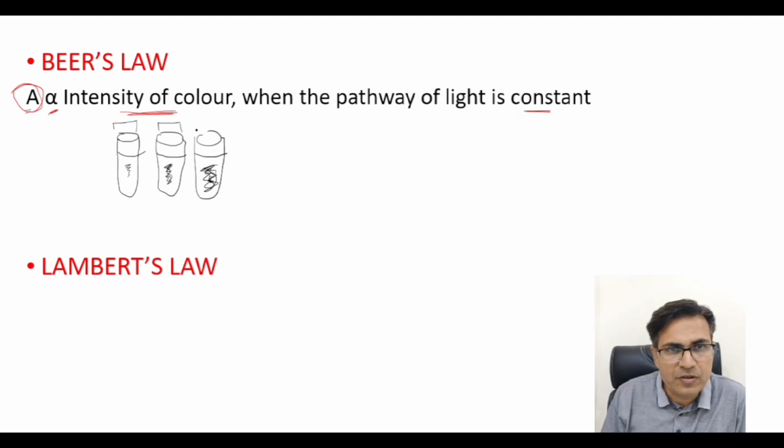So absorbance will be highest in this test tube, then this, and least in this. Since the pathway of light is constant, the absorbance will be lesser in this and maximum in this solution, because the intensity of color is more in the third test tube.